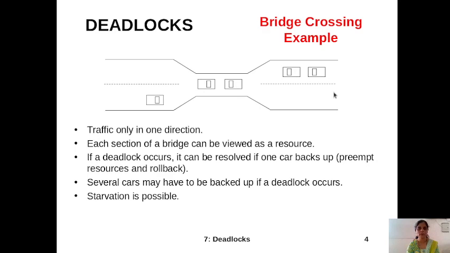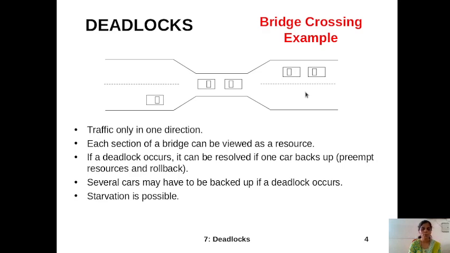Consider these to be different processes: either the processes here have to wait for the cars from this side to move to the other side, or the cars in this case have to wait till the cars move from the other side. So the bridge is acting like a resource which is shared by two different processes. This is just an analogy for deadlocks.